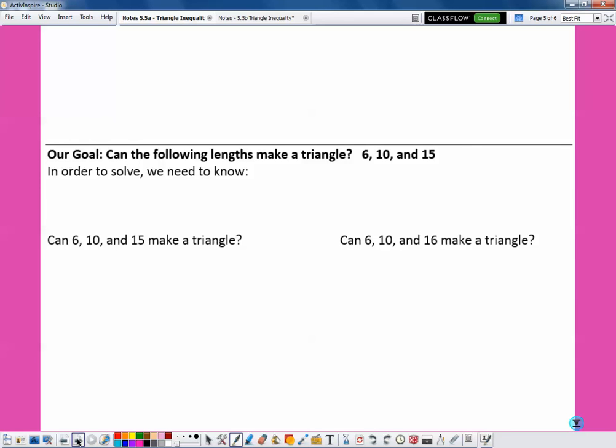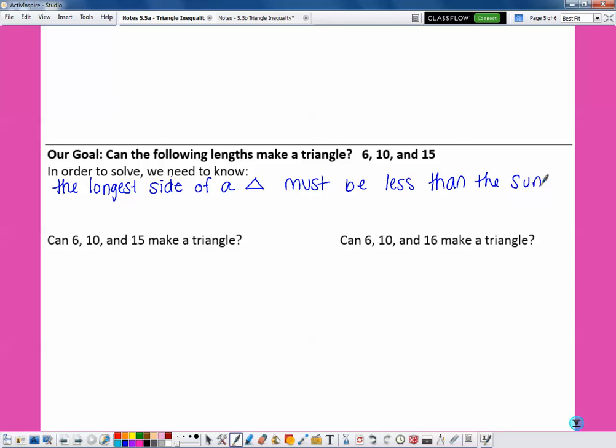Can the following lengths make a triangle? 6, 10, and 15. In order to solve this, we need to know the rule that the longest side of a triangle must be less than the sum of the two smaller sides.